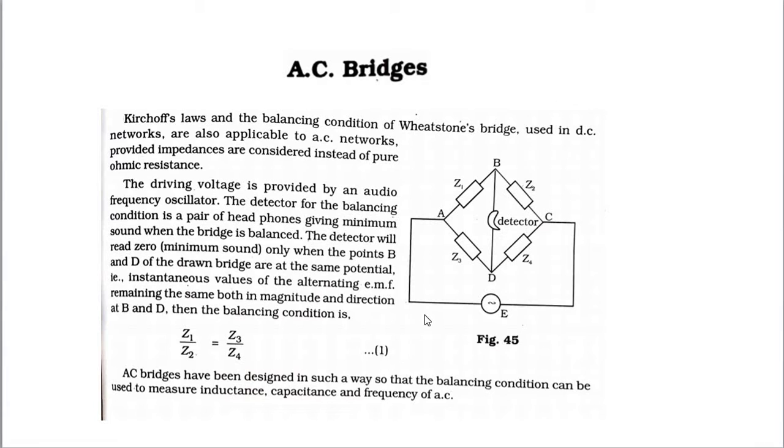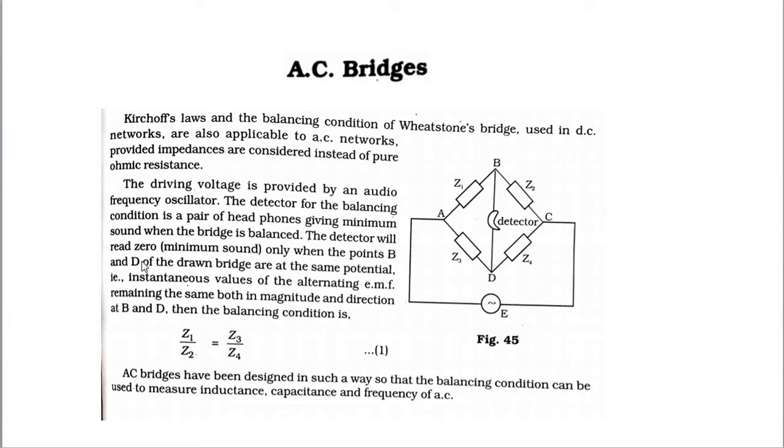At a particular setting at which this headphone gives minimum sound will be the balanced state. So we will try to get minimum sound in the detector. Here the detector is headphones.